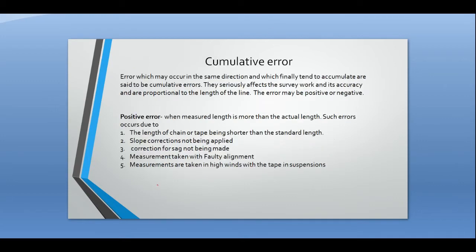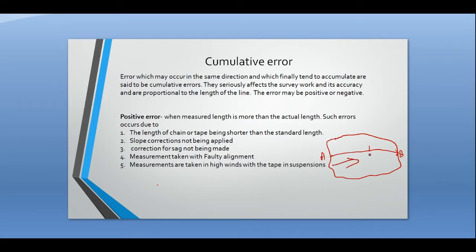Now what is cumulative error here? Again, starting with an example, suppose this is the ground. Instead of approaching from the outer point to the inner points, what is A or B, this is the distance AB, we are measuring only in one single direction, from this direction to this direction.